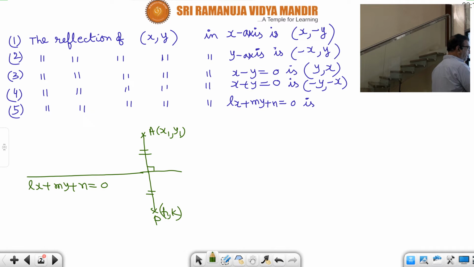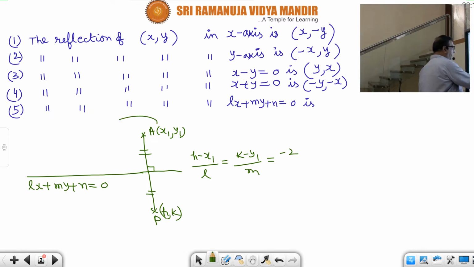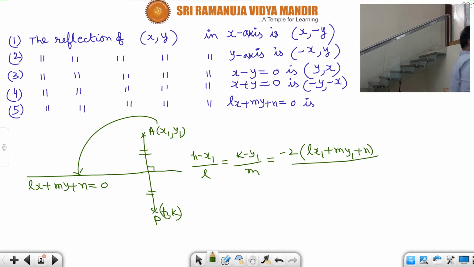H minus x1 by L is equal to minus 2 or minus 1? Minus 2. Minus 1 for the foot of the perpendicular, minus 2 for the reflection. Minus 2 into, we substitute this point in this line, that means Lx1 plus My1 plus n divided by L square plus M square.